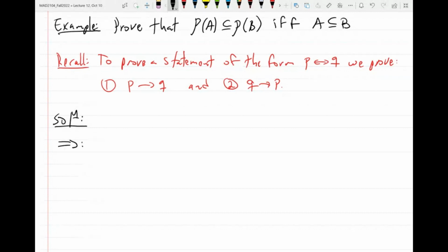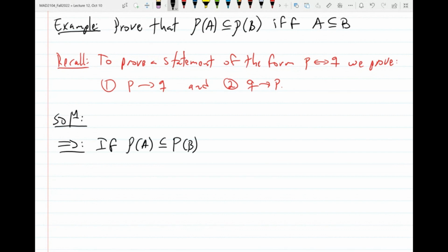So first, we're going to do this direction. Okay? So that means we want to prove that if the power set of A is a subset of the power set of B, then A is a subset of B. We're proving this. And then we need to prove the other direction. Do you understand this?